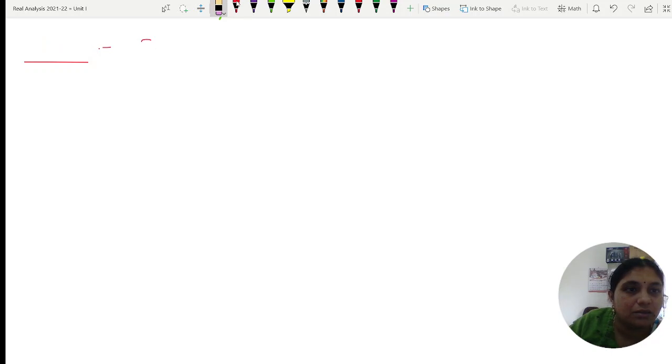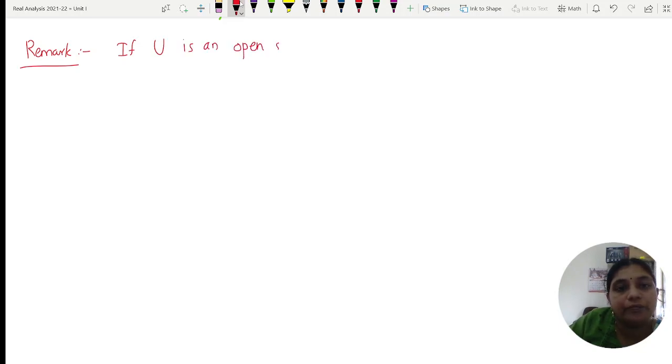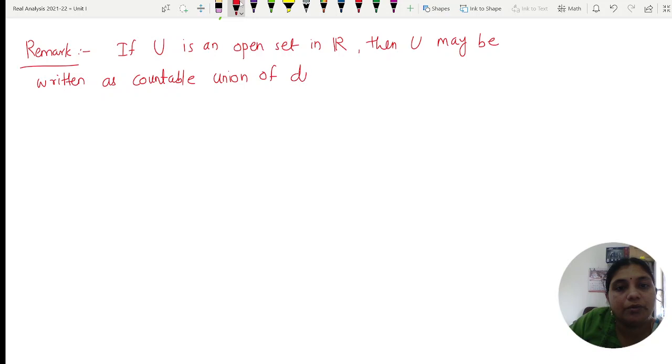Remark: if U is an open set in R, then U may be written as a countable union of disjoint open intervals.